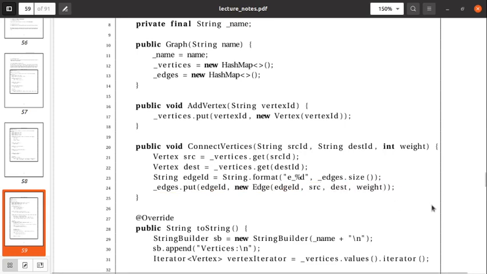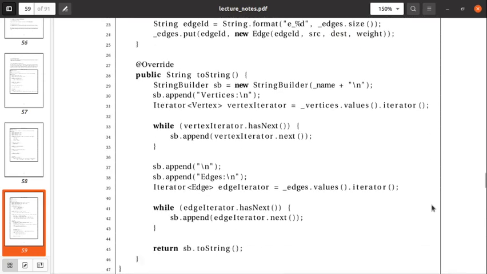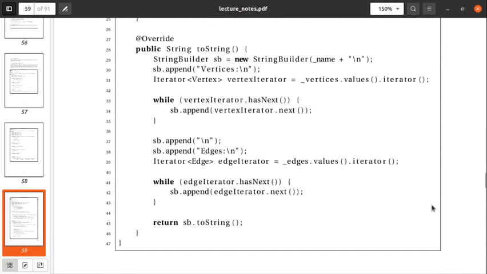Right? Okay, and then this is a thing that we have instances of. And so we provide this toString operator or method. So string builder. So this is another thing that is worth a moment of your time. Right?